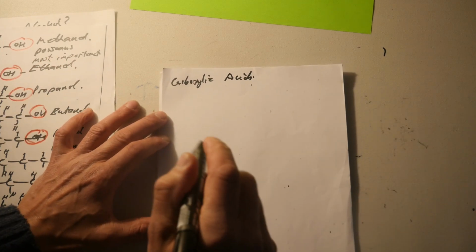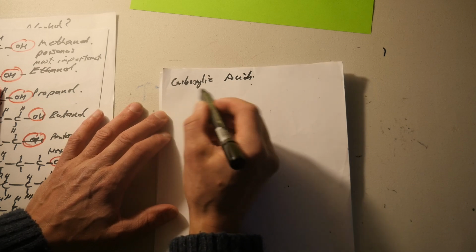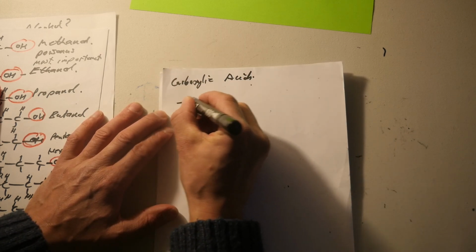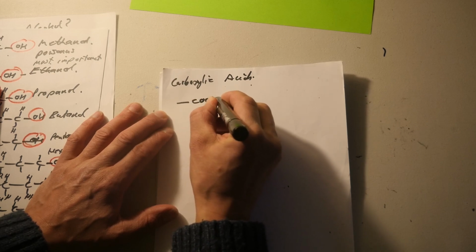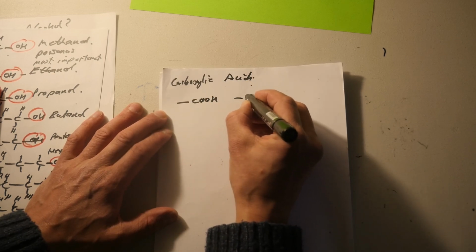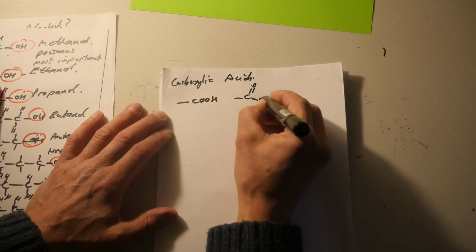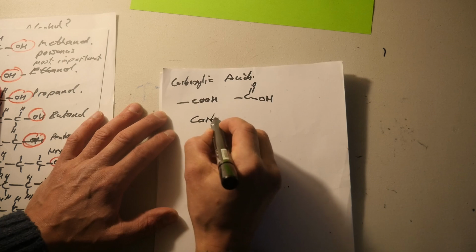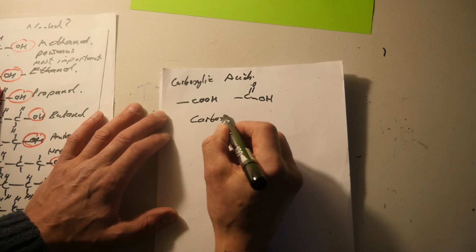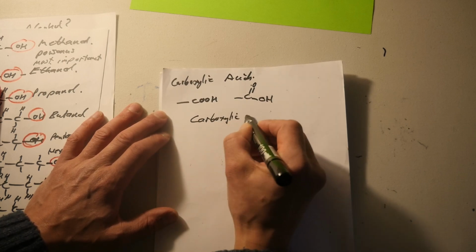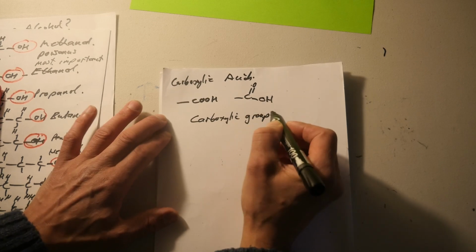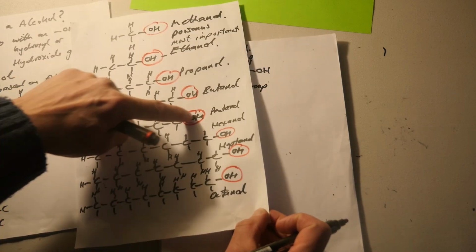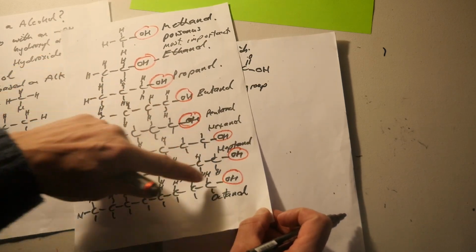The carboxylic acids are identified by the COOH group, which is the carboxylic group, at the end of the molecule. Alcohols can also be in the middle of a molecule. I put them at the end, but they can be on any of the carbons.